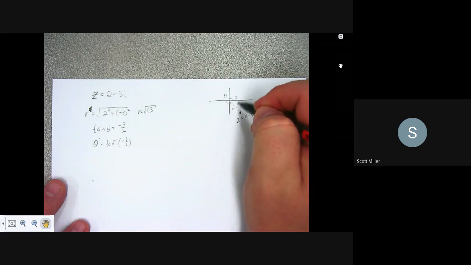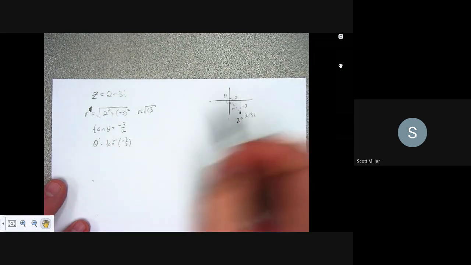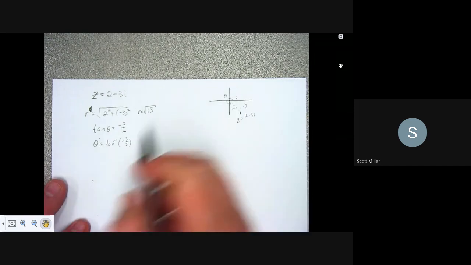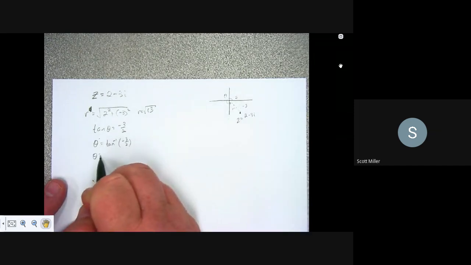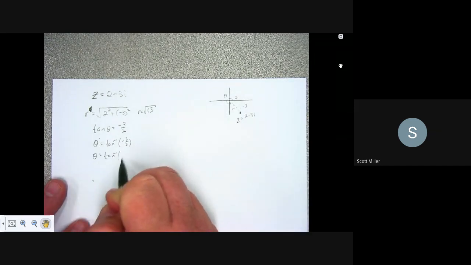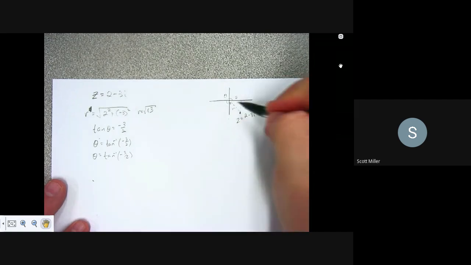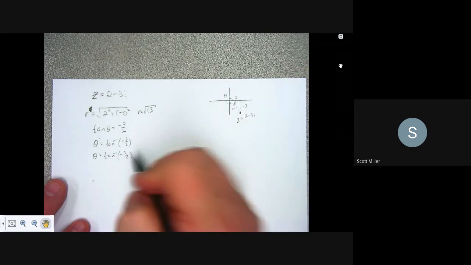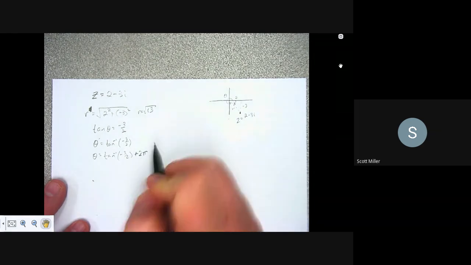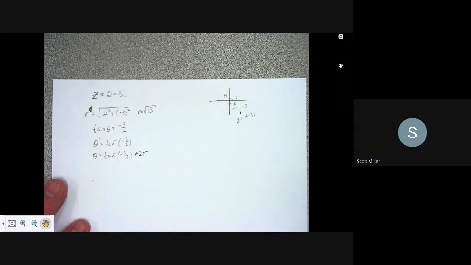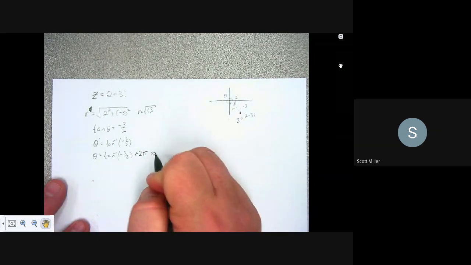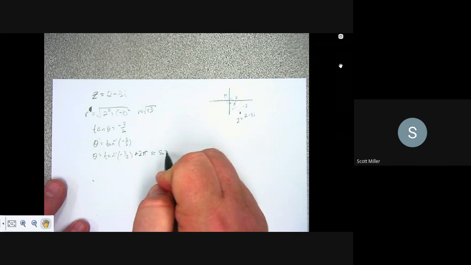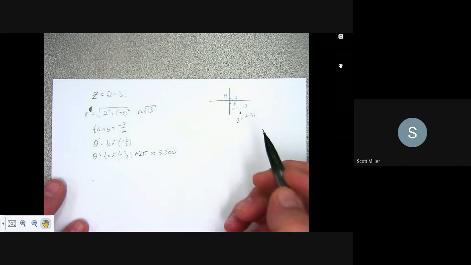It'll be the negative angle. I want the positive of that angle, so I need to add 2 pi to that. In doing so, I get the approximate value of 5.300 radians.